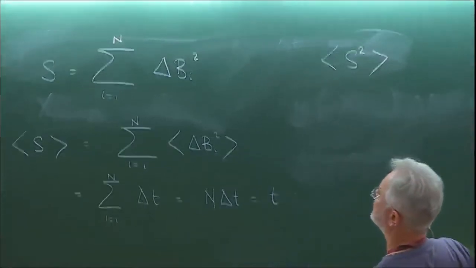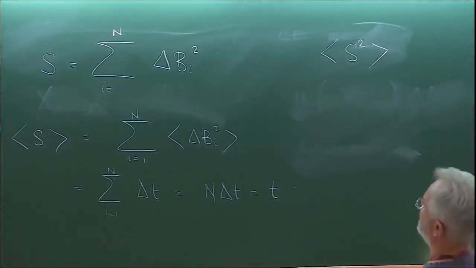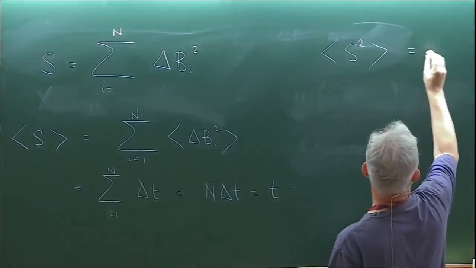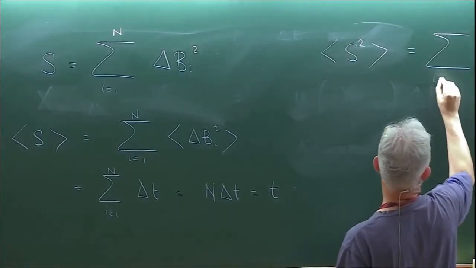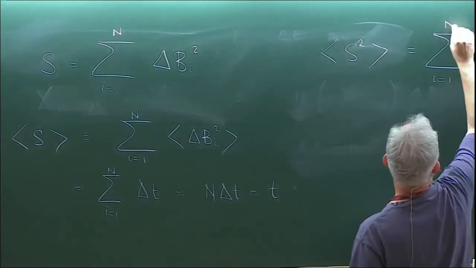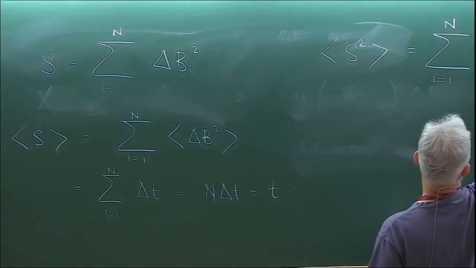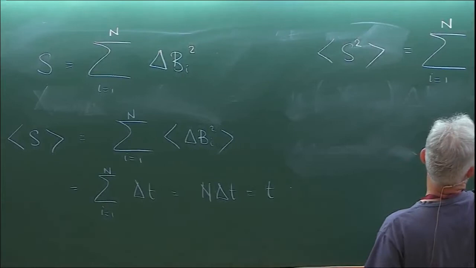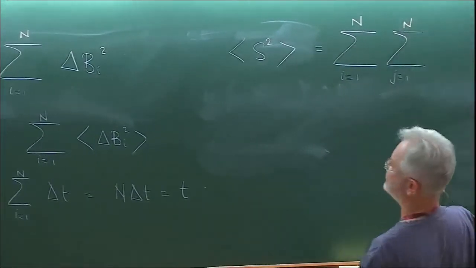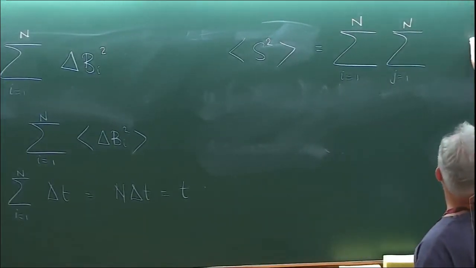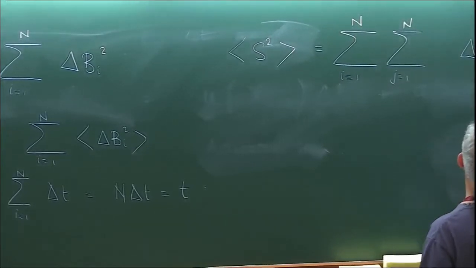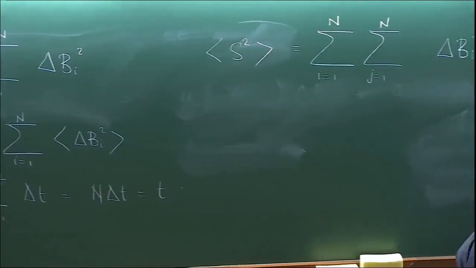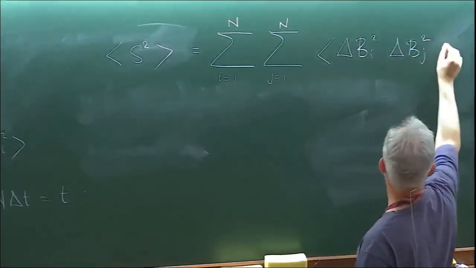If I want to compute S squared, I have to take 2 copies of this guy. I'm just writing a double sum here. So I'm going to write this as delta b_i squared delta b_j squared. Okay, and I have to take the average value of that.